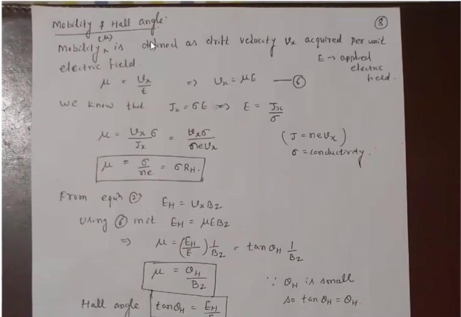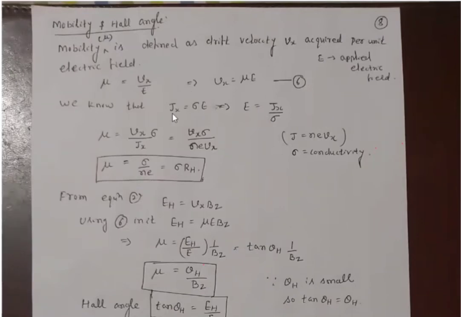So mobility is defined as the drift velocity Vx acquired per unit electric field. So mu equal to Vx upon E. So we can write Vx equal to mu E. Here mu E represents the mobility and the electric field. This is the applied electric field, not the Hall electric field.